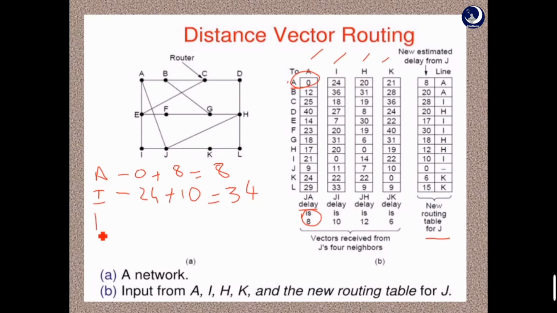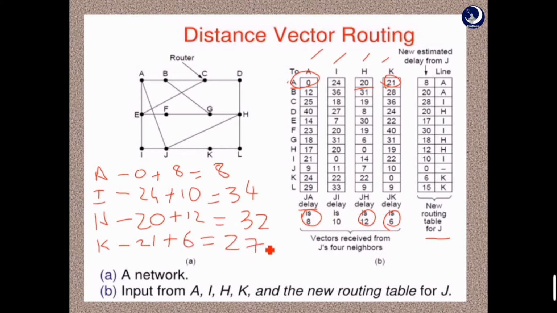Then next for H, it's 20 plus 12, which is nothing but 32. Next is K, which is 21 plus 6, which is nothing but 27.